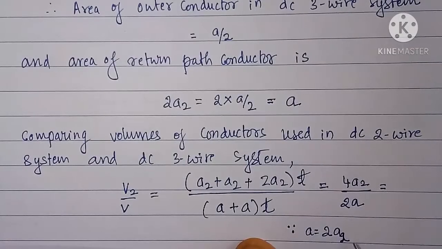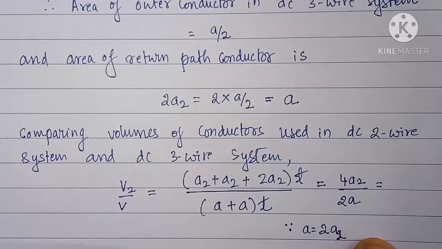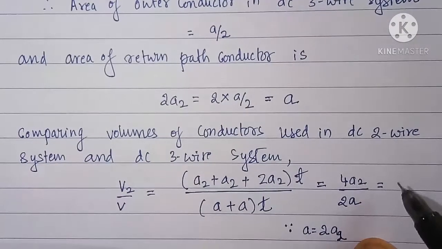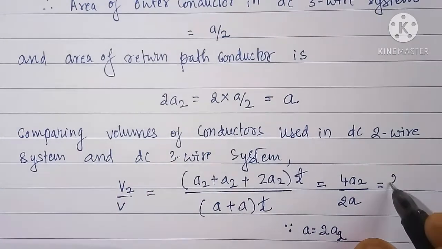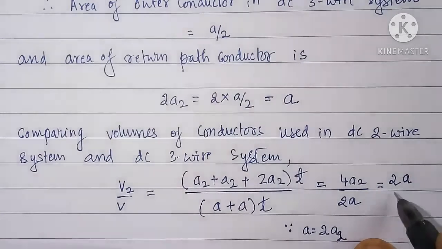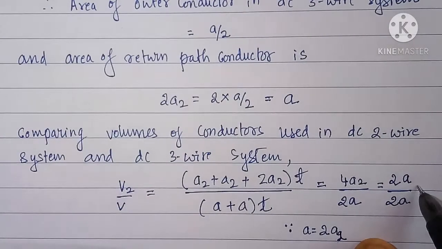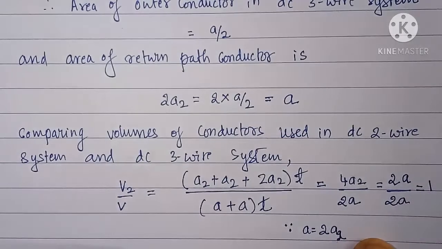Since A is equal to 2 times A2, we can write here 2 into A divided by 2A, that is equal to 1.